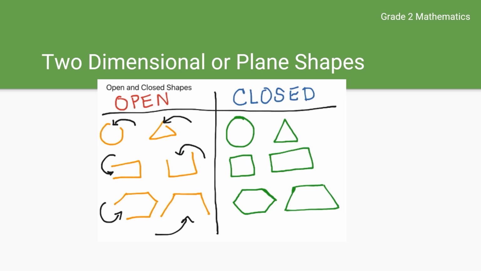Plane figures or plane shapes like circles, squares, triangles, and rectangles are also closed shapes. That means that all of the sides connect but do not cross, and there is no opening into the middle of the shape. So all plane shapes are closed.